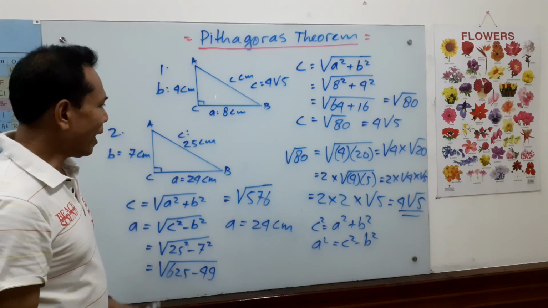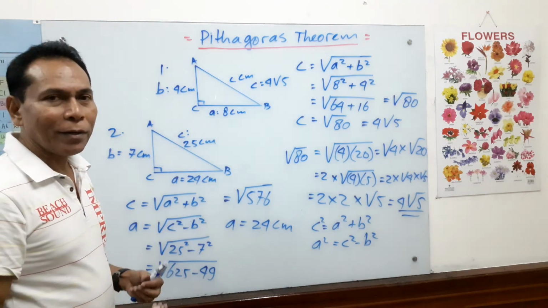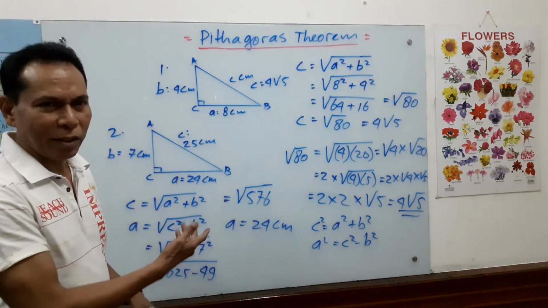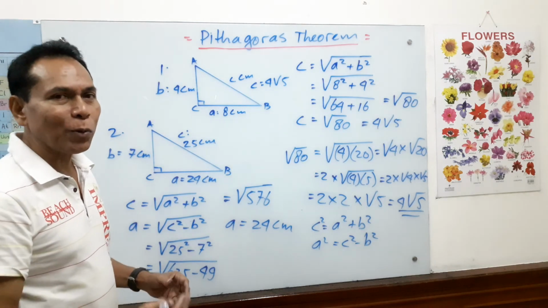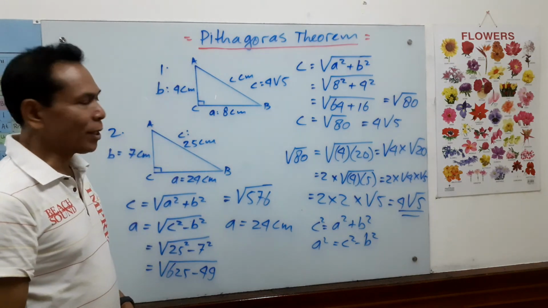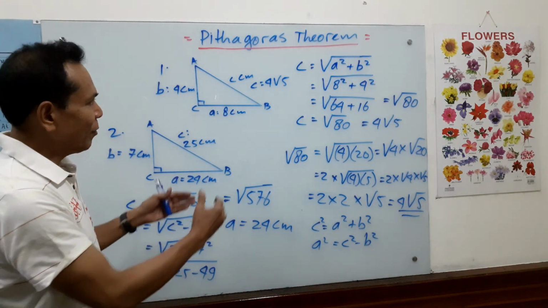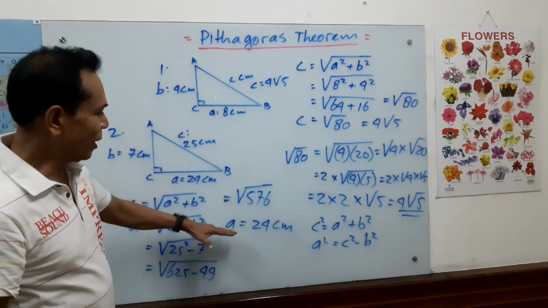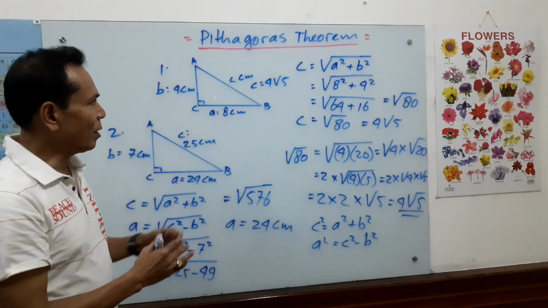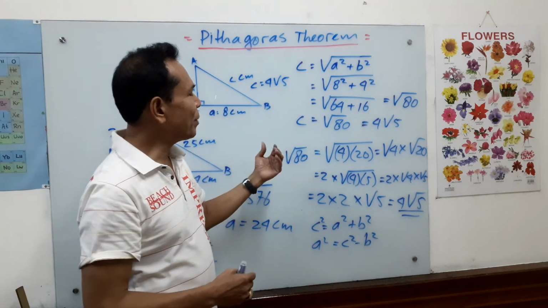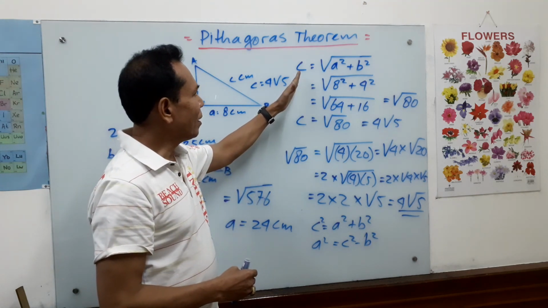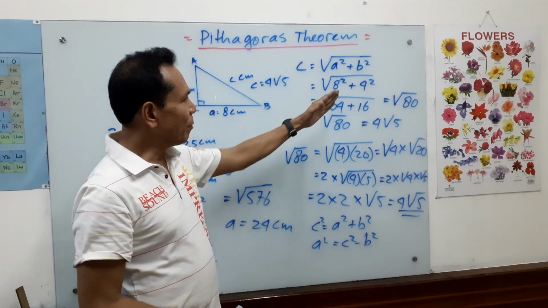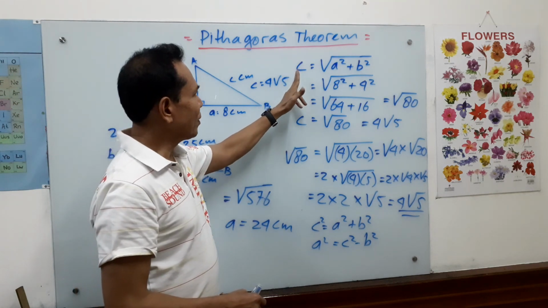All right, children, I hope with this simple explanation and these simple questions, you understand how to work with Pythagoras theorem. We convert the formula, how we take A out to be the subject. We use C as a subject, and the B also same.